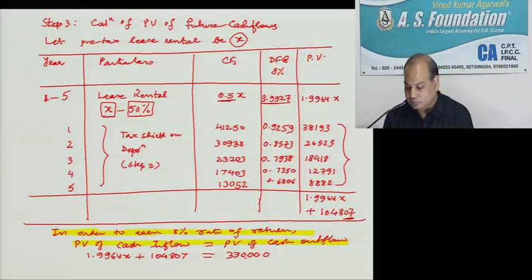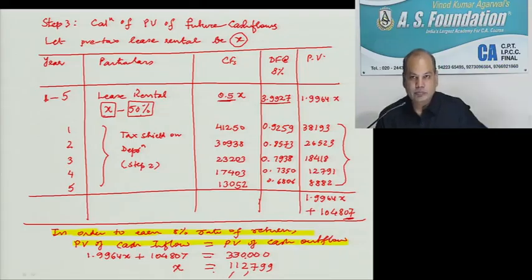So therefore, x equals 112,799. 112,799 rupees.